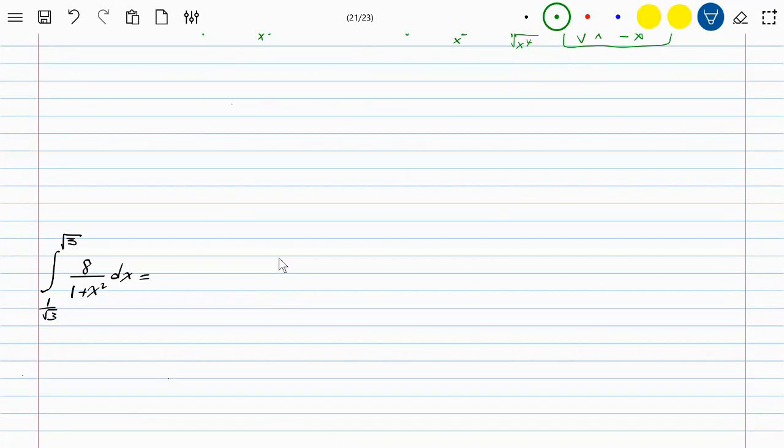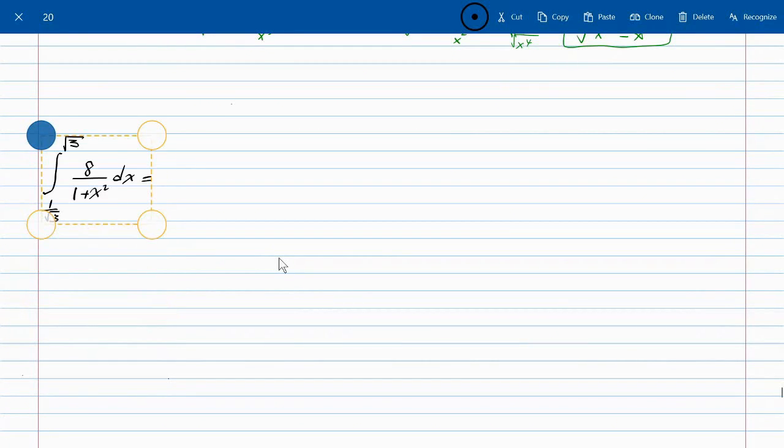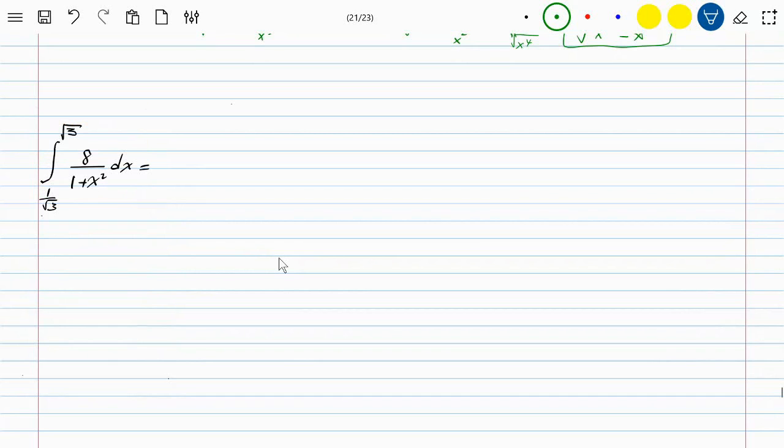How about integration? How about we calculate this integral? So what would be this integral? It kind of looks like tangent inverse if we didn't have the 8, if it was 1. But that's not an issue because the 8 is multiplied by. So I can write this as 8 times the integral from 1 over square root of 3 to square root of 3 of 1 over 1 plus x squared.